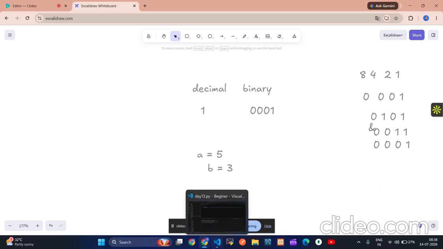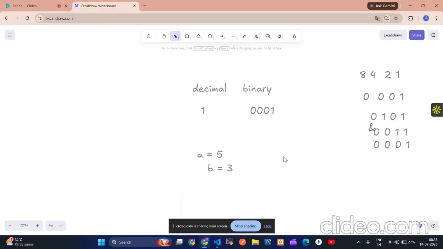Basically, 0 and 0 gives 0, 1 and 0 gives 0, 0 and 1 gives 0, and 1 and 1 gives 1. So the binary result will be 0001, and binary 0001 is equal to decimal 1, therefore the output will be 1.